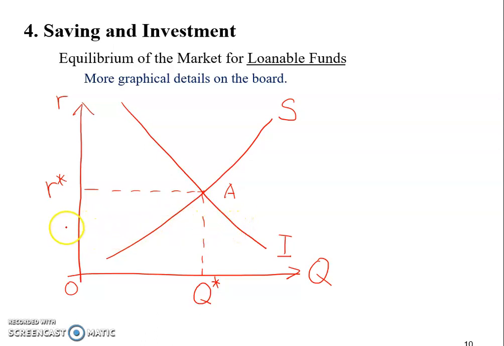Because the funds are so cheap that the businesses really want to make a lot of investment, but a low interest rate means saving is not that rewarding, so we won't find enough saving on the market available for businesses to borrow. So you're going to see a shortage here.